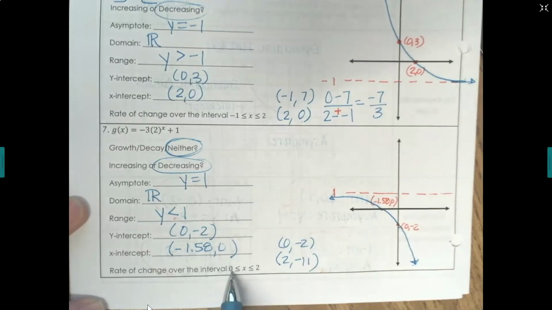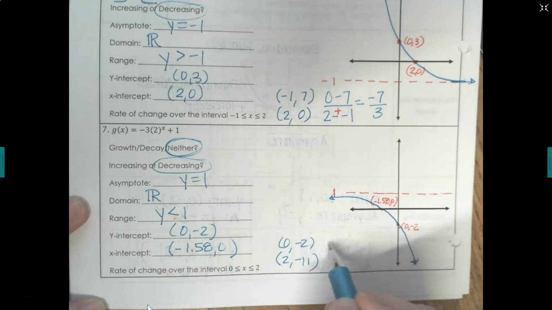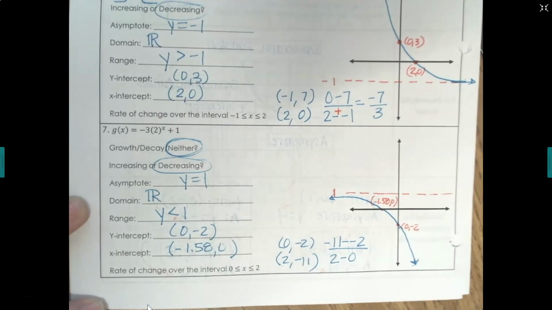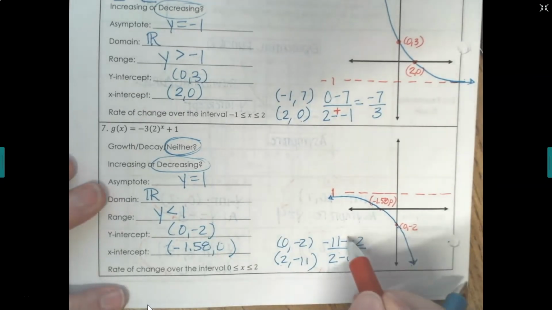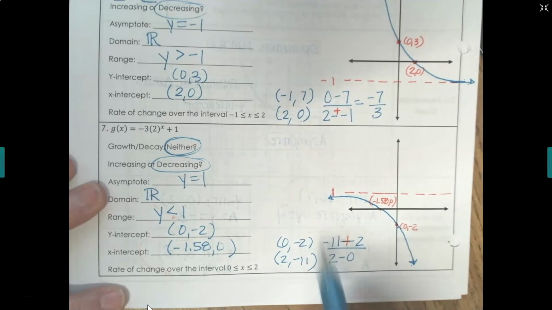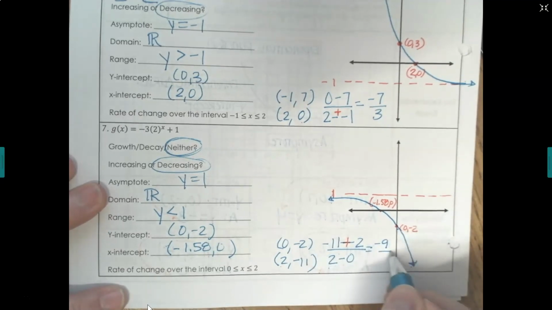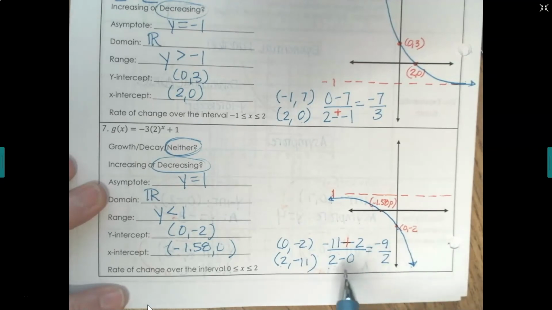And remember, we're getting these x values from our interval. It's telling us the x value of the point. We find the y, and you say y minus y divided by x minus x. Remember that minus minus becomes a positive, so negative 11 plus 2 is negative 9. 2 minus 0 is 2, so the slope of the line between those 2 points is negative 9 over 2.